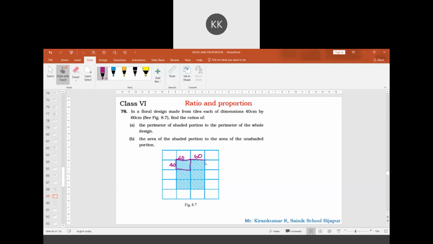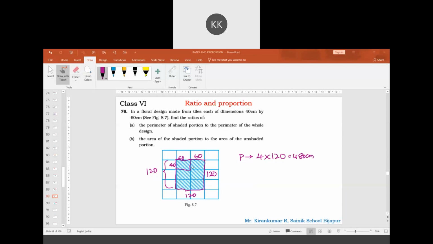It becomes 60. From here to here, it is 120 because 40 plus 40 plus 40 is 120. From here to here, this also is 120. This one is 120, 60 plus 60 is 120. So totally, the perimeter of this design will become 120 multiplied 4 times, which is 480 centimeters.